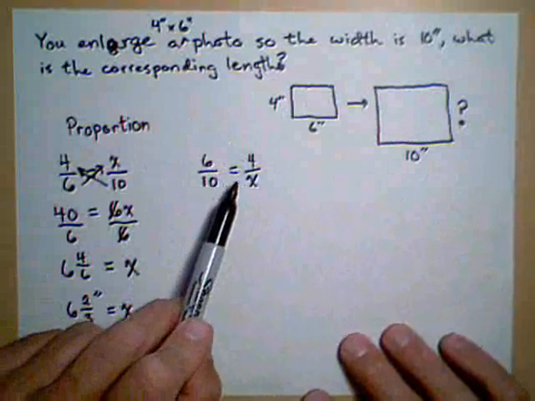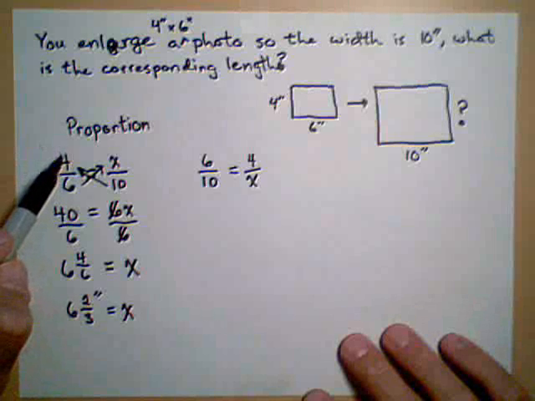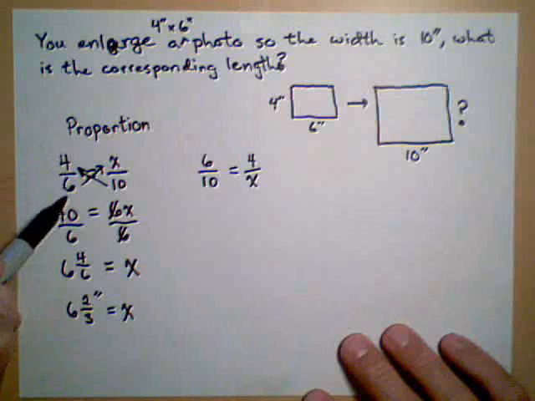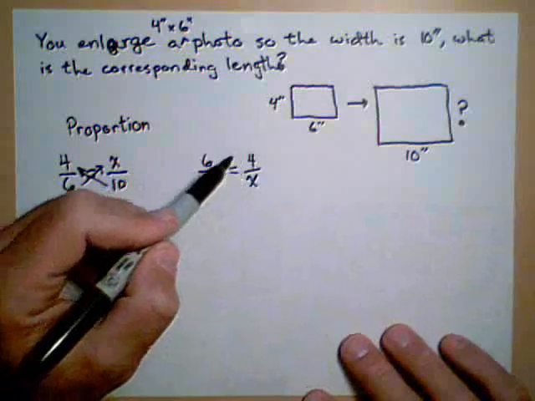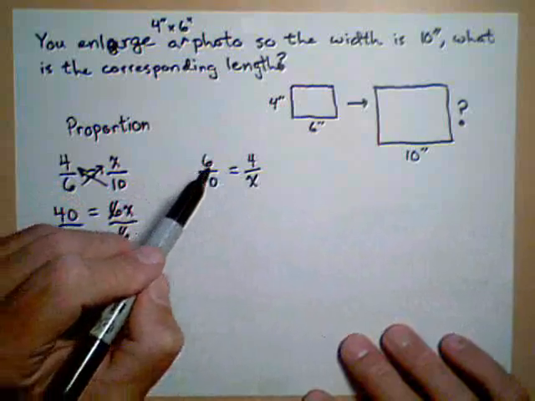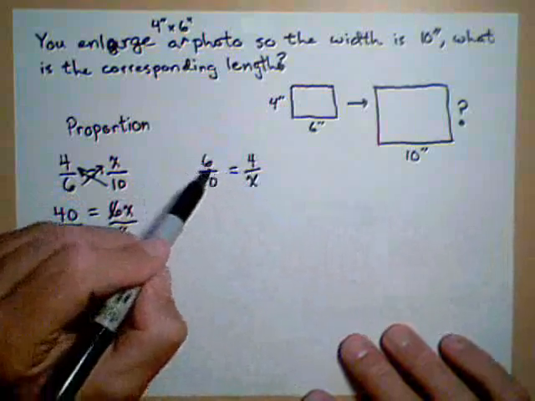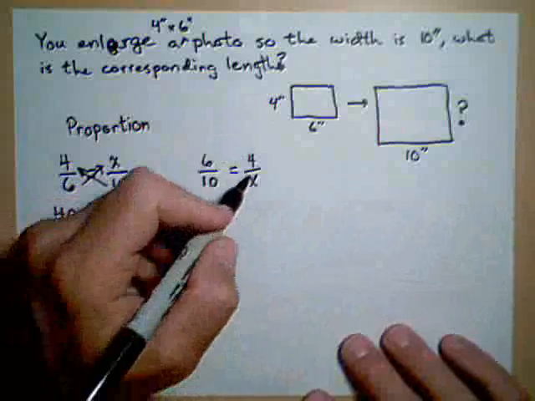Now, notice, this is important, that with a proportion, the same photo is either lined up vertically, 4 and 6 are both on the small photo, or horizontally, 4 and 6 are both on the small photo. You wouldn't want to have them matched up diagonally. They have to be matched up horizontally or vertically for this to work.